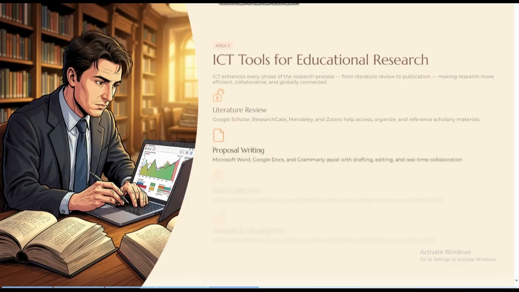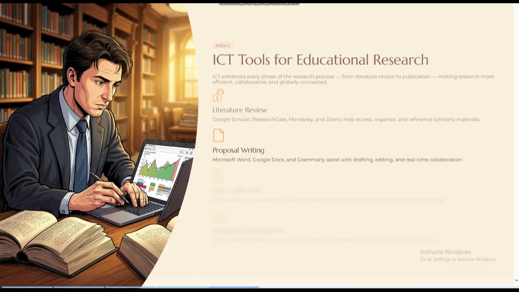We talk about proposal writing. We have Microsoft Word, Google Docs, which is the cloud version of our word processor, and Grammarly, which assists with writing and grammar checking, drafting, editing, and real-time collaboration.